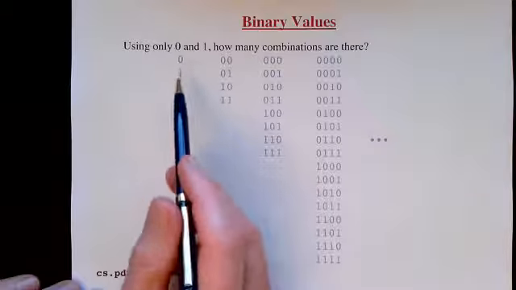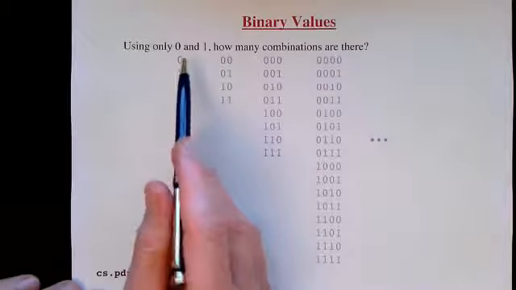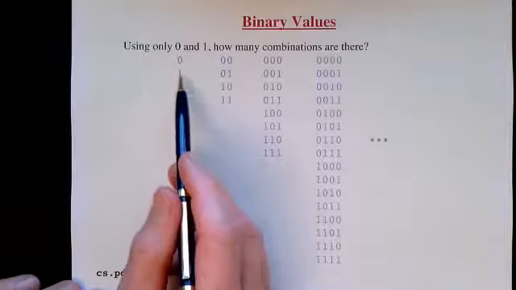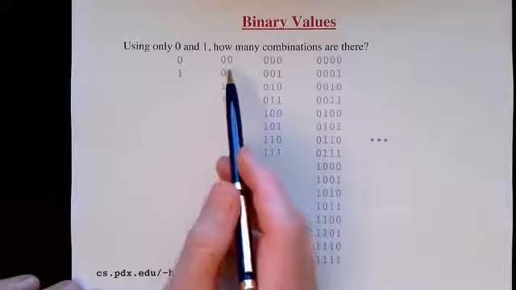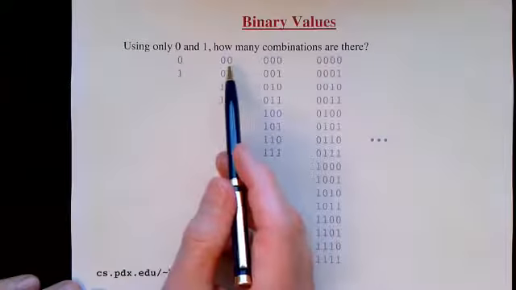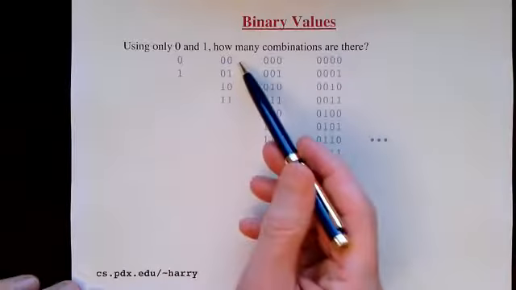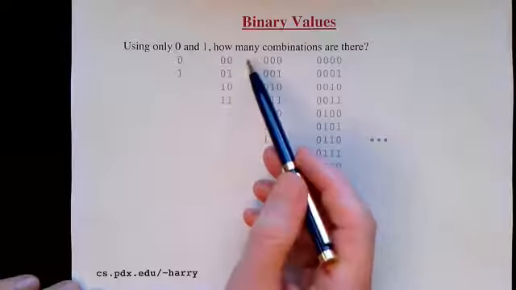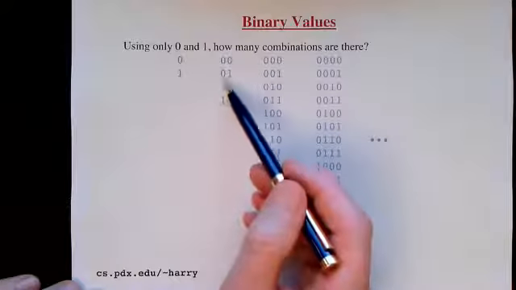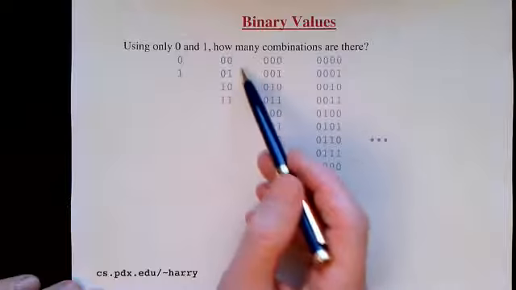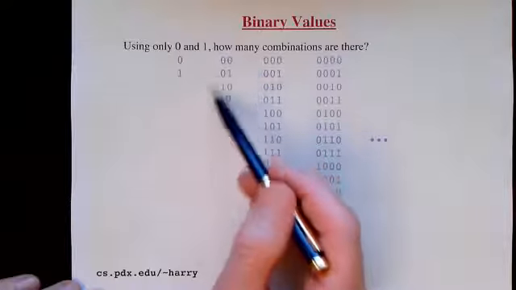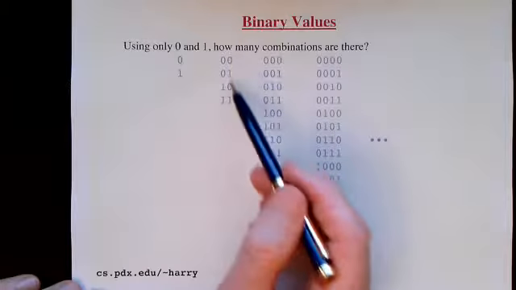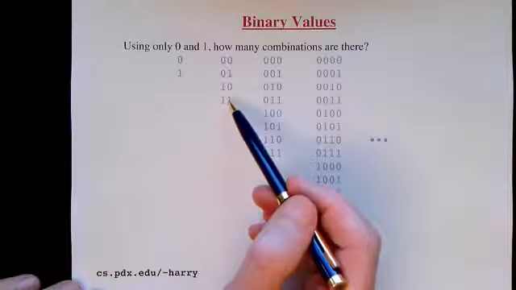Using only 0 and 1, there are only 2 possible values that we can store in that 1-bit memory cell. Now what if we had 2 bits of memory? Well, I've listed out all the combinations in this column that we could possibly store in a 2-bit memory. 00, 01, 10, 11. So if we have a memory that is only 2 bits in size, at any point in time it will contain exactly one of these 4 values.